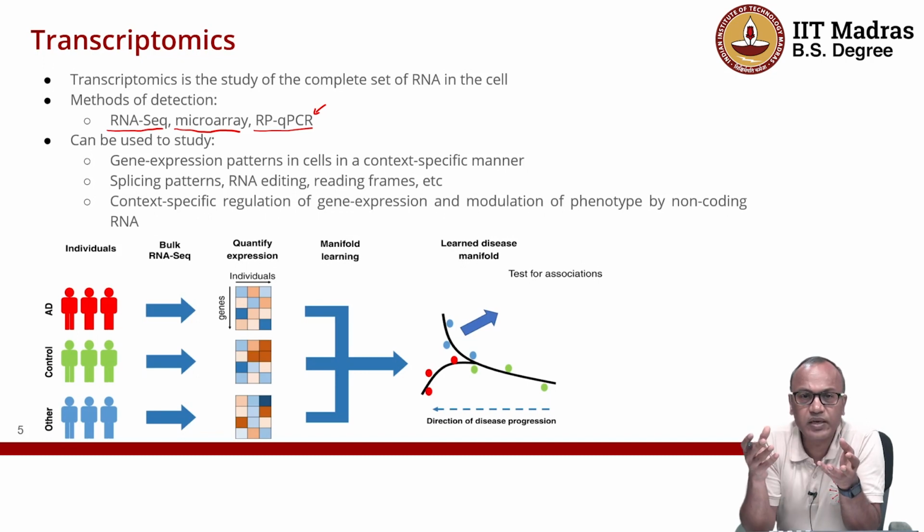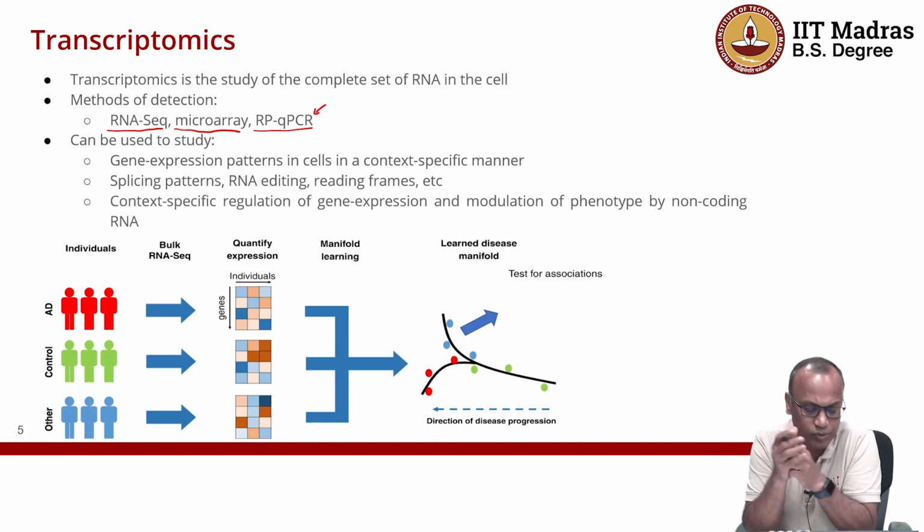You can also understand splicing patterns. As we saw, each RNA in eukaryotes has exons and introns, and we also saw a toy example of how exons can be joined in different sequences to give different sets of proteins. So splicing patterns become important.